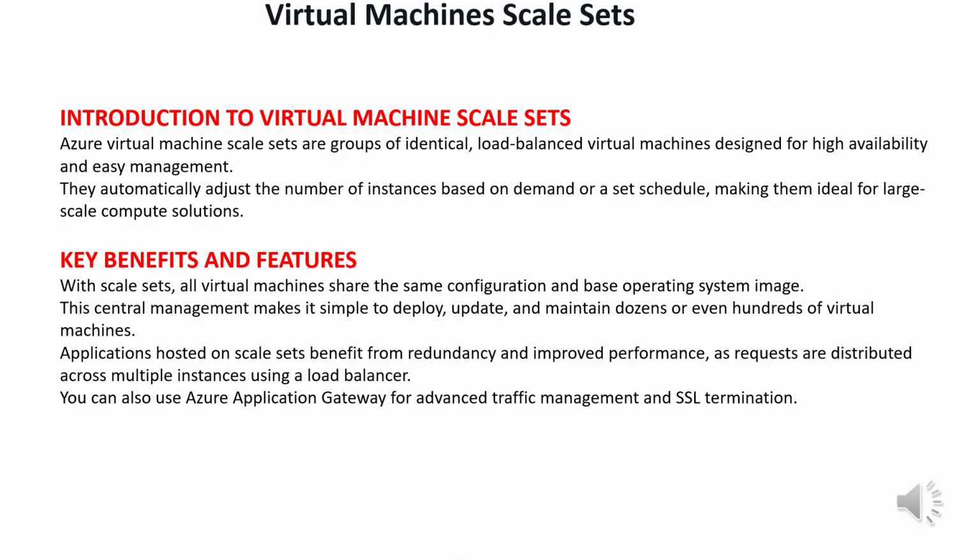This central management makes it simple to deploy, update, and maintain dozens or even hundreds of virtual machines. Applications hosted on scale sets benefit from redundancy and improved performance as requests are distributed across multiple instances using a load balancer. You can also use Azure Application Gateway for advanced traffic management and SSL termination.